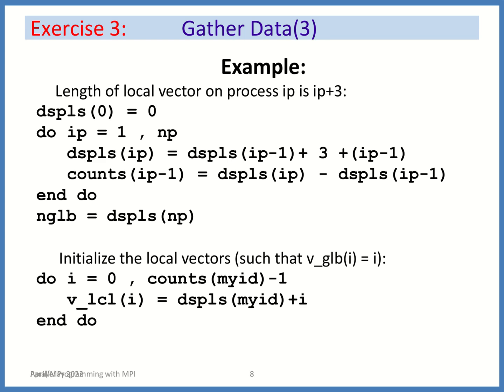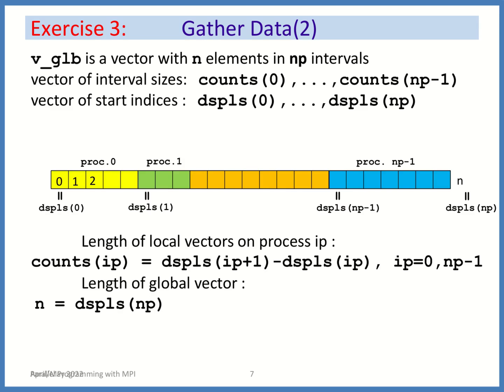If you do this loop with IP from 1 to NP, then the local process has the task ID IP minus 1. And the count will be the difference between these two displacements. And the total length will be the displacement value NP, which is the element NP of this displacement vector.